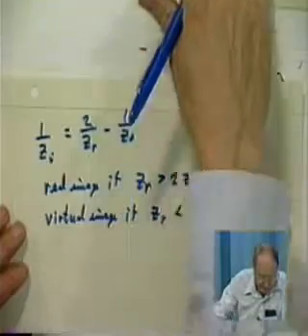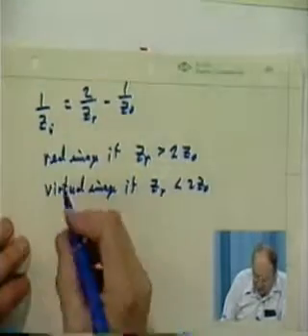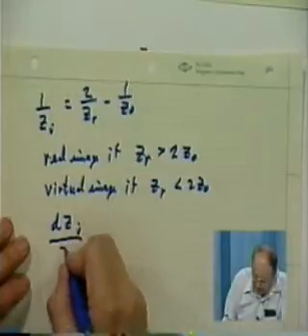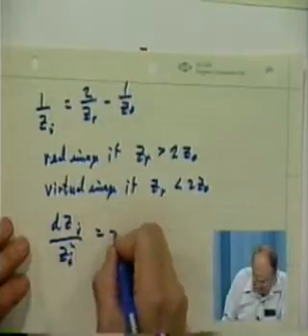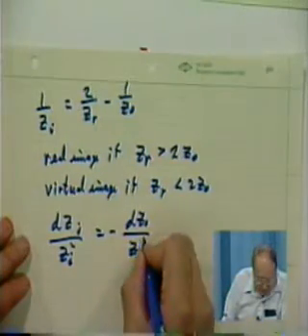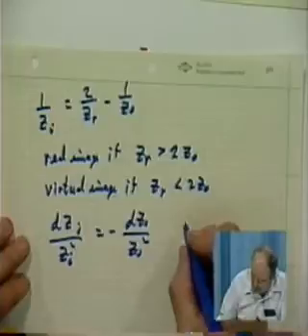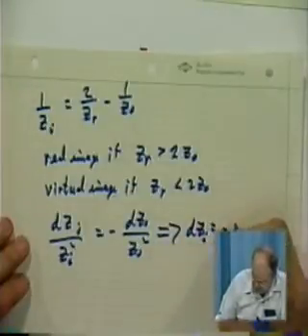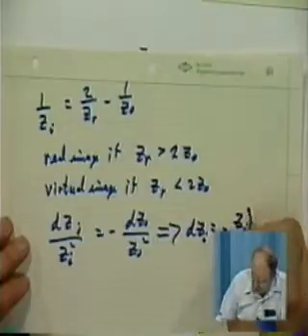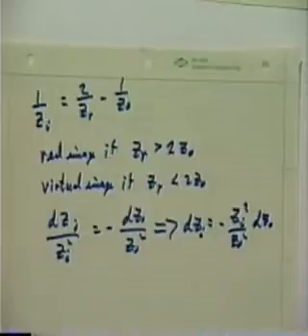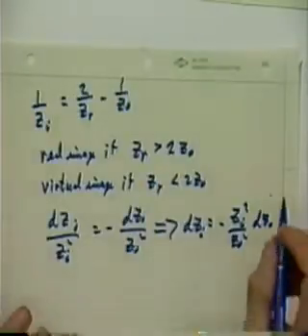Okay. And we could take derivatives here if we want to and say dz sub I over z sub I squared is minus dz naught over z naught squared, or dz sub I is minus z sub I squared over z naught squared dz naught. And this image is what we call pseudoscopic.